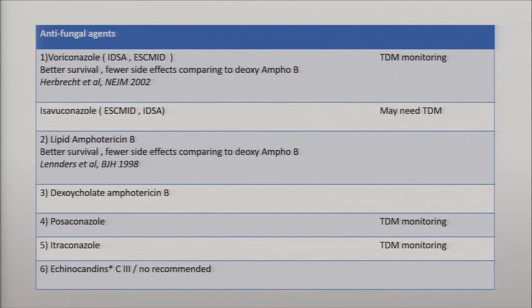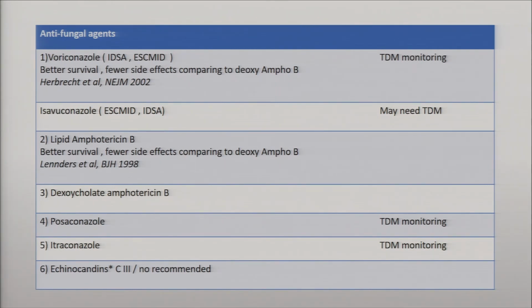So this illustrates the importance of carrying out TDM monitoring when you're using certain antifungal agents, for example voriconazole, posaconazole, itraconazole. If resource limited and you can't have access to voriconazole, the next in line will be amphotericin B, either liposomal or deoxycholate.